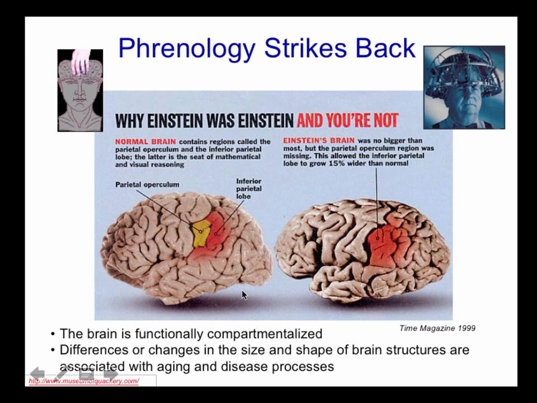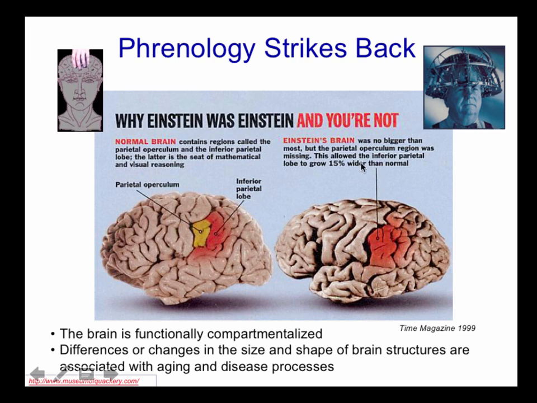But the other thing that was interesting was Einstein's brain is actually missing the parietal operculum, which is a gyrus that most people have. But he doesn't have this gyrus, and as a result, his inferior parietal lobe was 15% wider than the normal person's brain. And so why is that interesting?